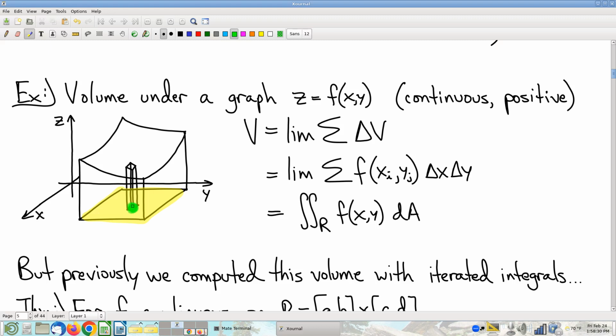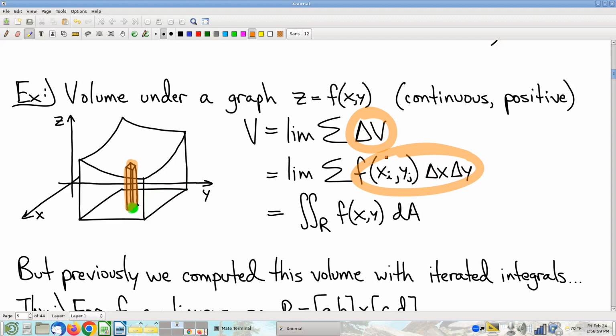The volume sitting over each one of these sub-rectangles is a much easier question. It's basically a rectangular little tall, skinny, I like to think of it as a French fry. Very tall, very skinny in both horizontal directions, and that has a volume that's pretty easy to write down. It's the height times the area of the base. Nothing to it.